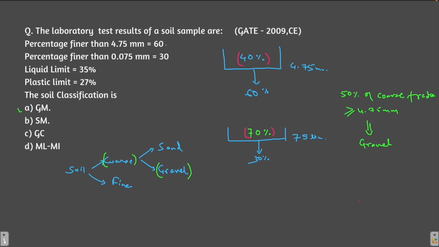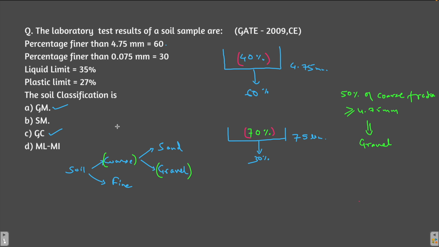So the answer could be A or C, right? It is not a sand, so option B is eliminated. It is not a silt, so option D is also eliminated. It is a gravel. Now our task is to find out what sort of gravel it is. Is it silty gravel or clayey gravel?